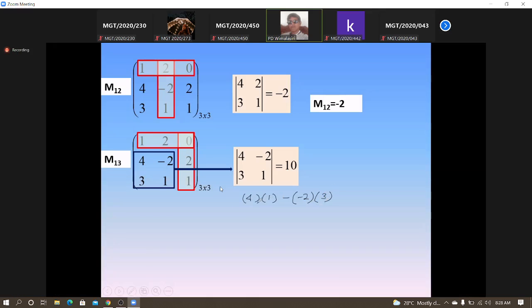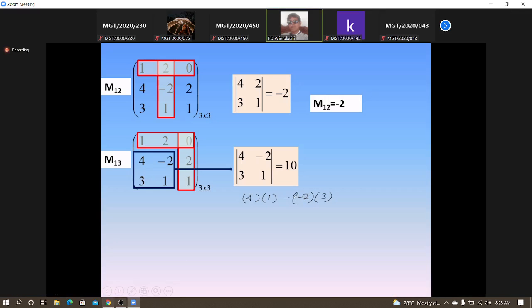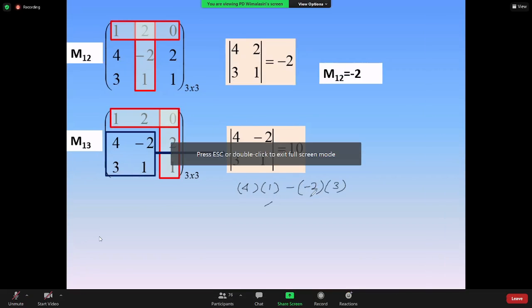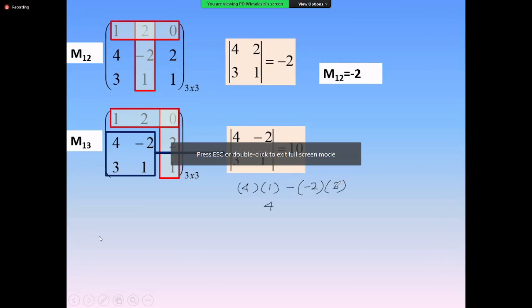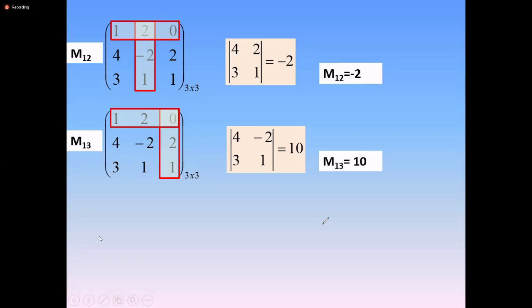If you write this clearly, then you will not make mistakes. Without having mistakes, this is very easy. Then 4, here minus 2 multiplied by 3 is minus 6, and this minus makes plus 6. Then that is 10. So M13 is equal to 10.